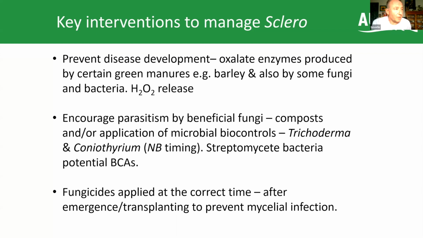And there are some beneficial fungi such as trichodermas and a thing called Coniothyrium, which is not unfortunately available commercially in Australia. But the trichodermas can actually parasitize those sclerotia. So that's something that can be used as a way of helping to control the carryover of those sclerotial bodies from crop to crop.